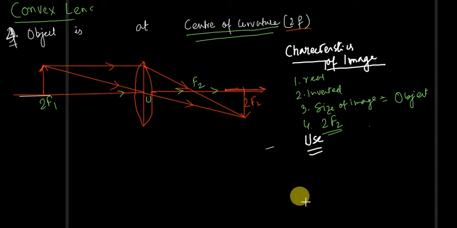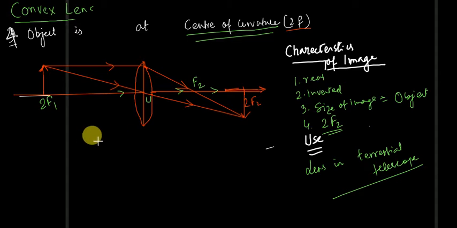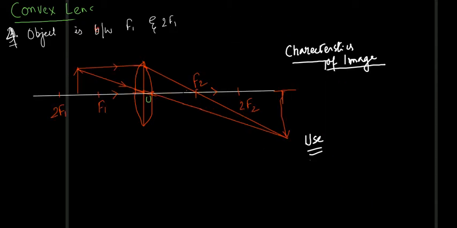This is basically used as a lens in a terrestrial telescope. Okay, so this is done. Now let us move toward the next object and image combination.